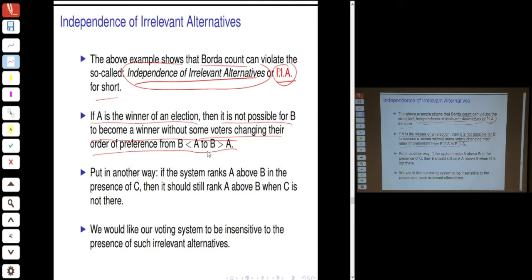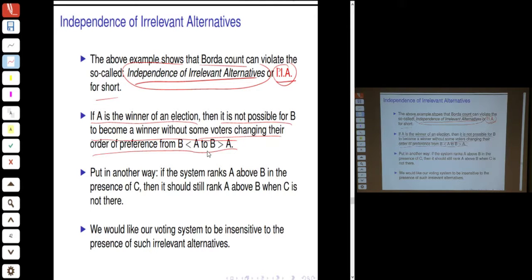So the point is that if A has won the election by some method, then the method should be robust enough so that the status of A as a winner cannot be changed unless some voters switch their votes from A to B. So in their preferential order, they should change the relative order of A and B.